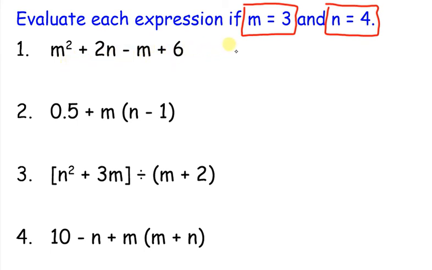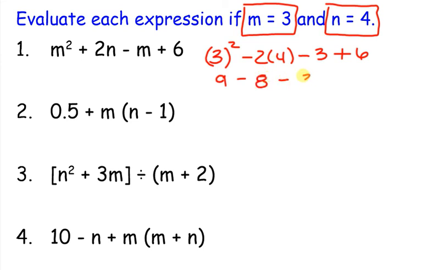Okay? So I'm going to write it out over here. So instead of m, I'm going to write 3 squared minus 2. Instead of n, I'm going to put the 4. Minus, instead of m, I'm going to put the 3. Plus 6. So 3 squared, 3 to the second power. 3 times 3 is 9, minus 2 times 4 is 8, minus 3 plus 6.